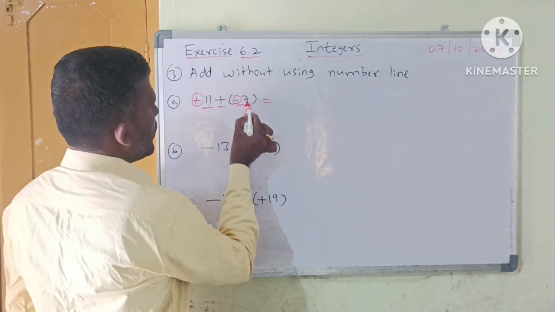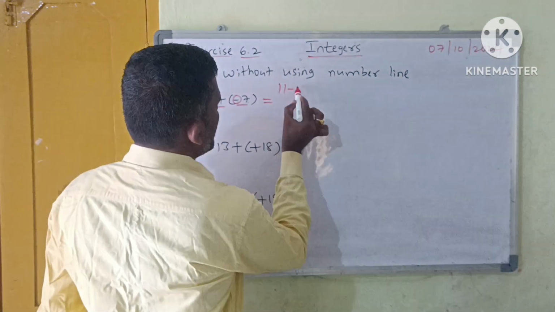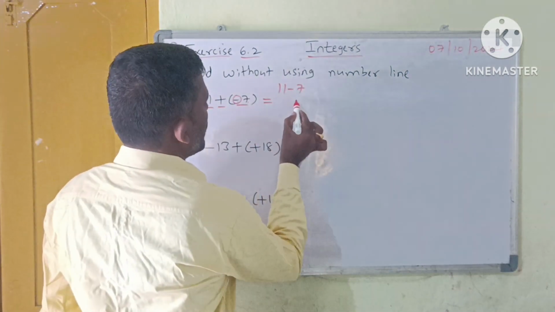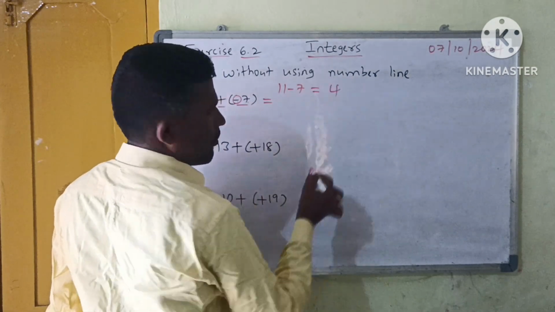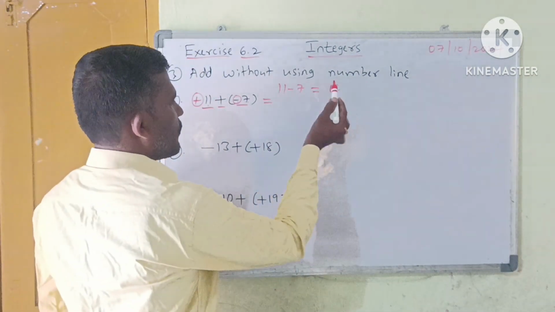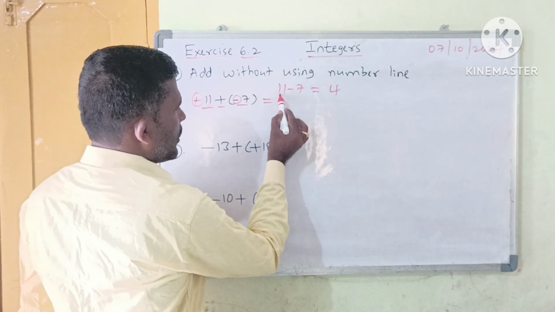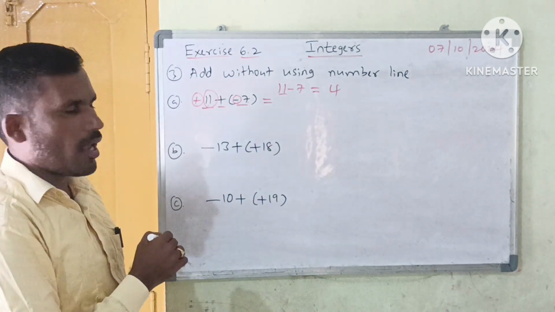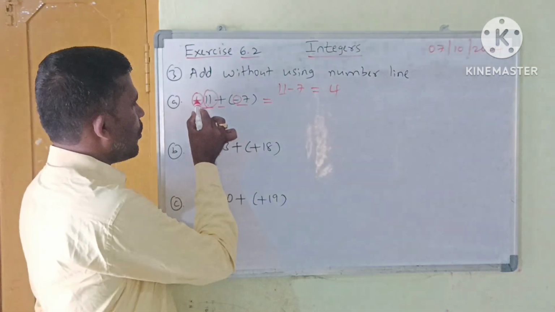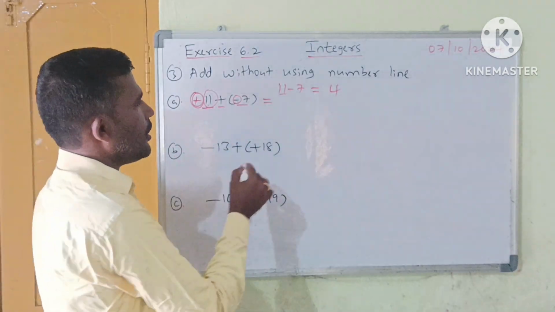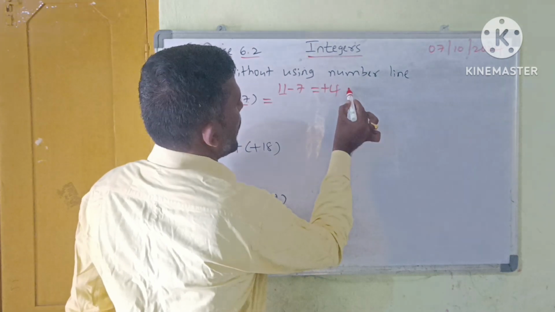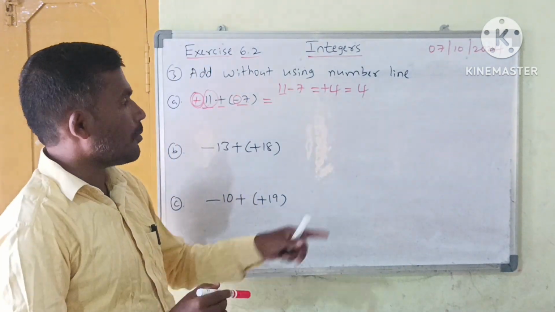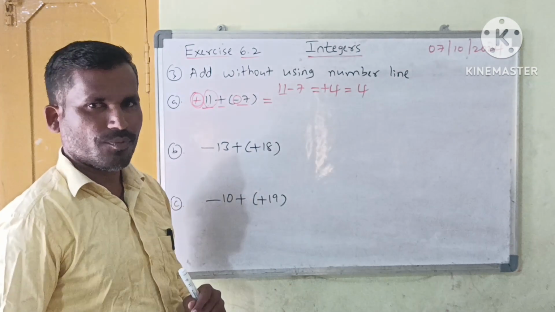So here 11, here 7. 11 minus 7 is 4, and in these two integers 11 is the bigger value. So for the bigger value, the sign is plus. So therefore plus 4 is the right answer; 4 is also right. Plus 4 can be written as 4 also. Okay.